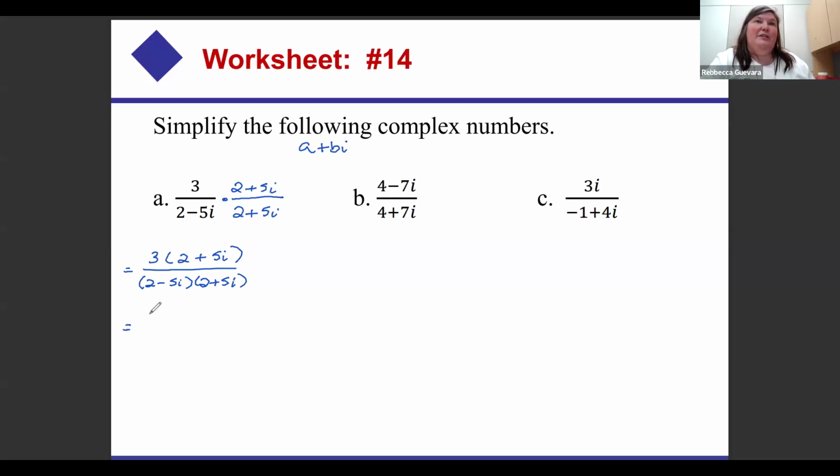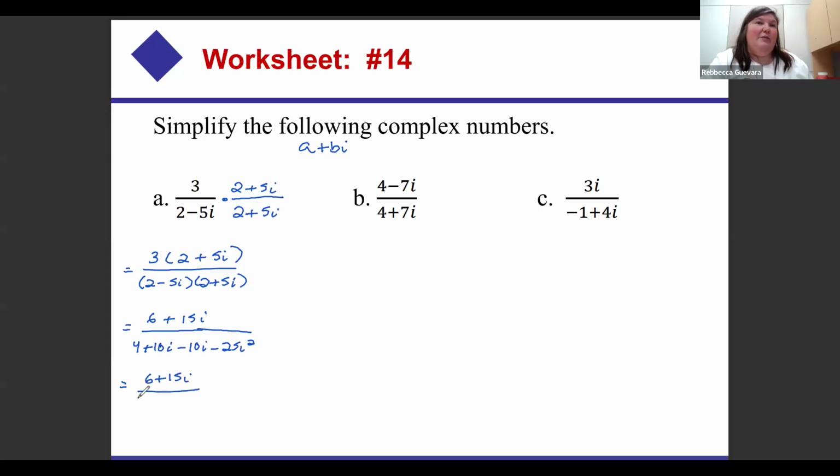If I distribute here, I'm going to get 6 plus 15i. And on the bottom, I end up with 4 plus 10i minus 10i minus 25i squared. So we got 6 plus 15i on top.